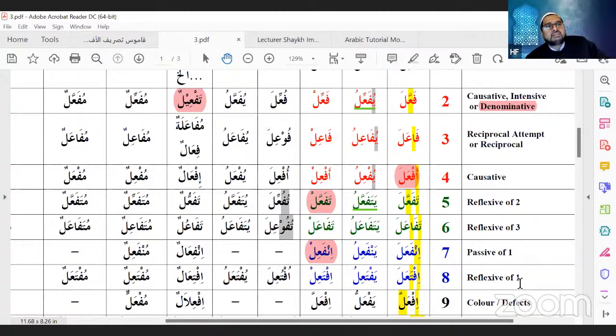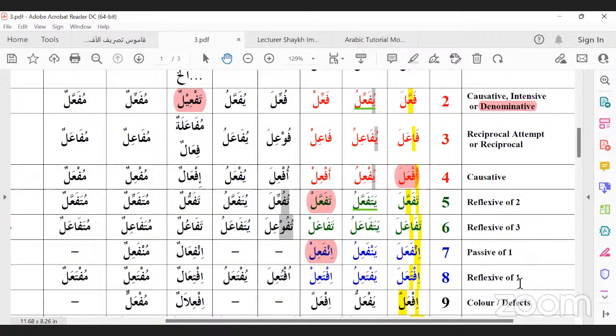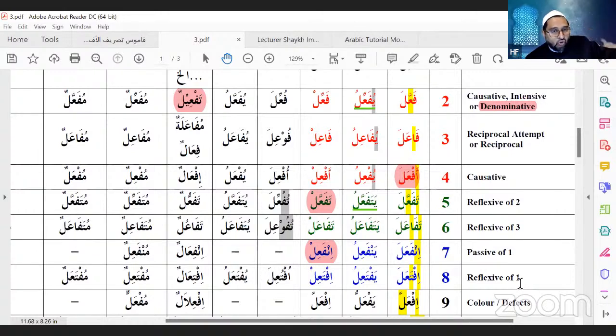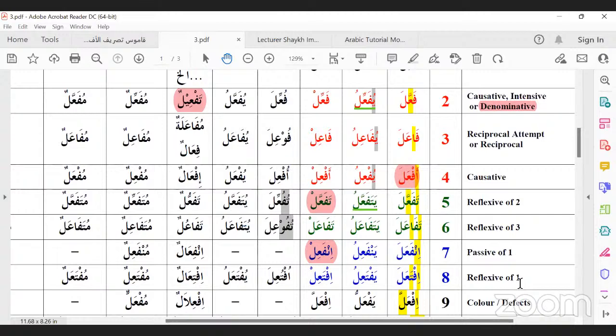For example, tahartu nafsi, fatahartu. Tahartu nafsi, I was cleaning myself, so I became pak. Tahir. So it means that the result of the action which is being done is being achieved.